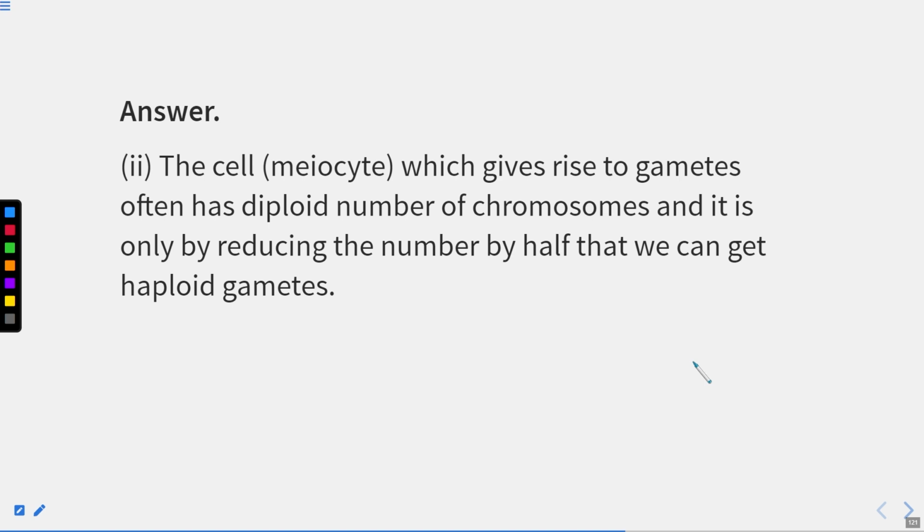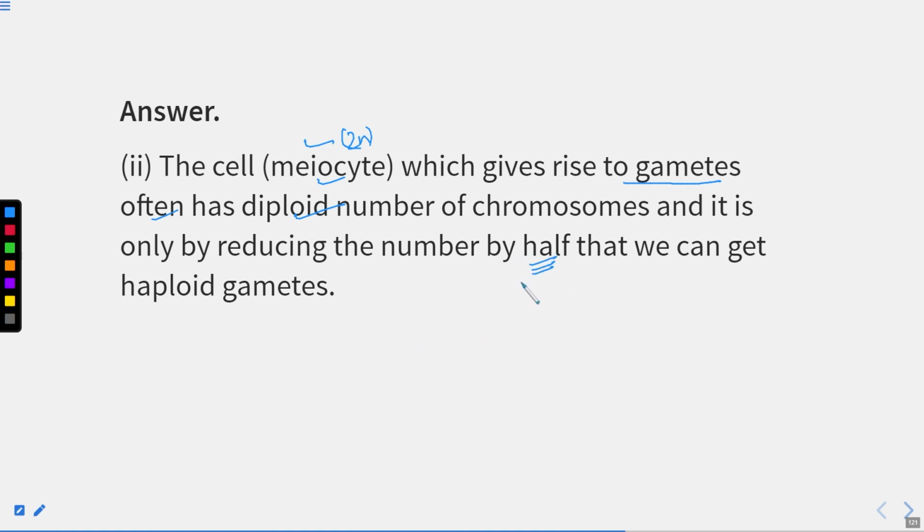Now the cell is the meiocyte. So the meiocyte is a diploid cell. Meiosis takes place in the meiocyte, which gives rise to gametes, in which the chromosome number is reduced to half.